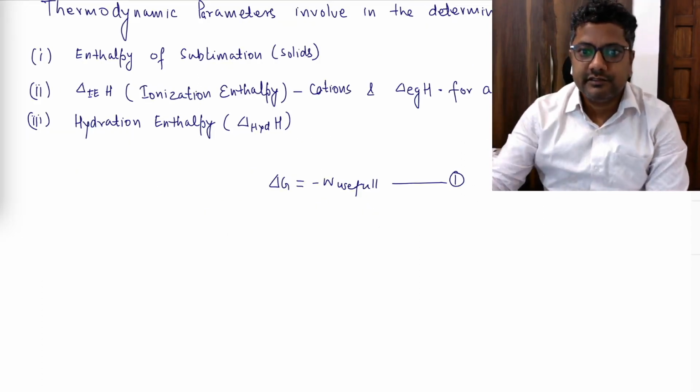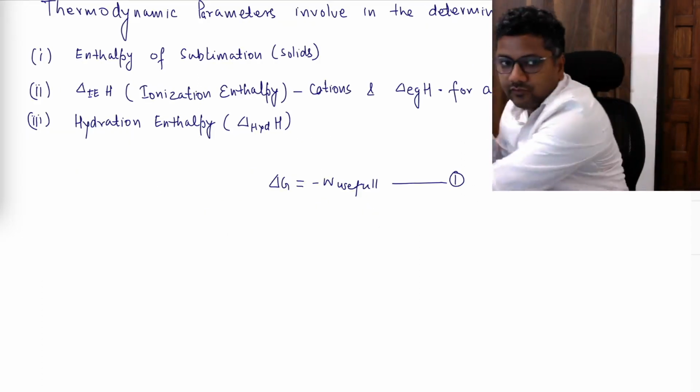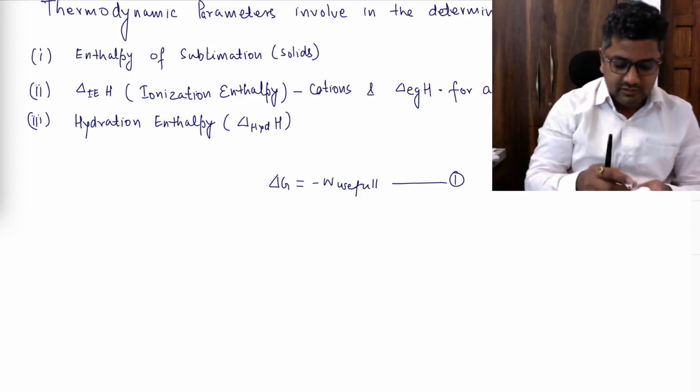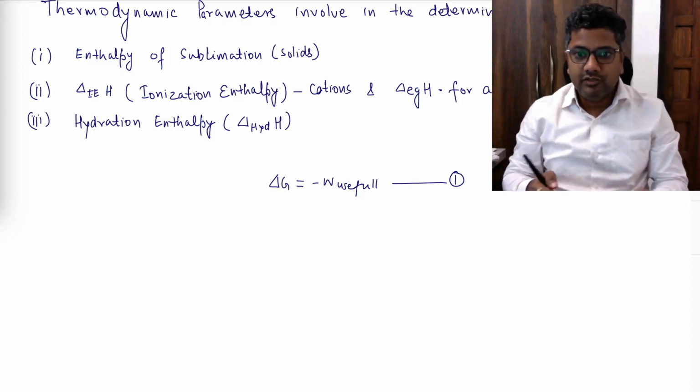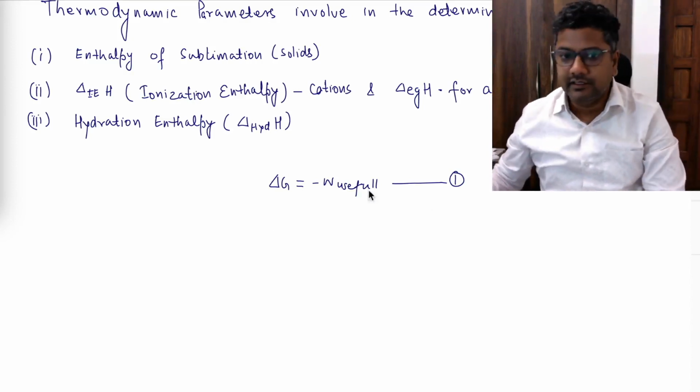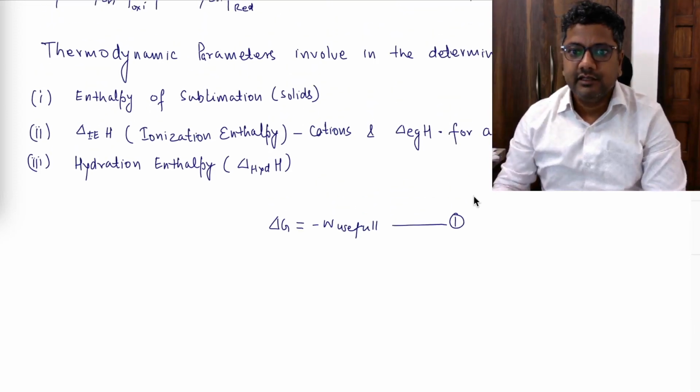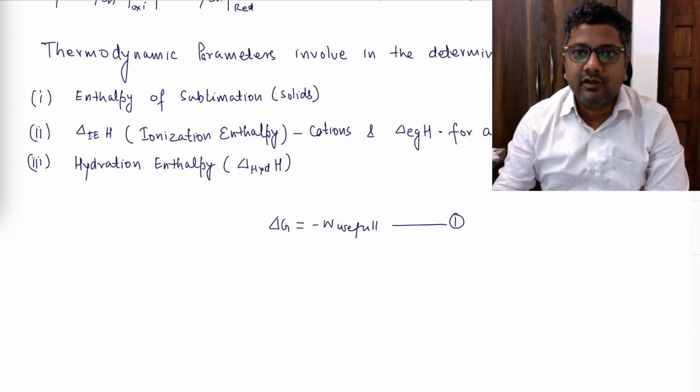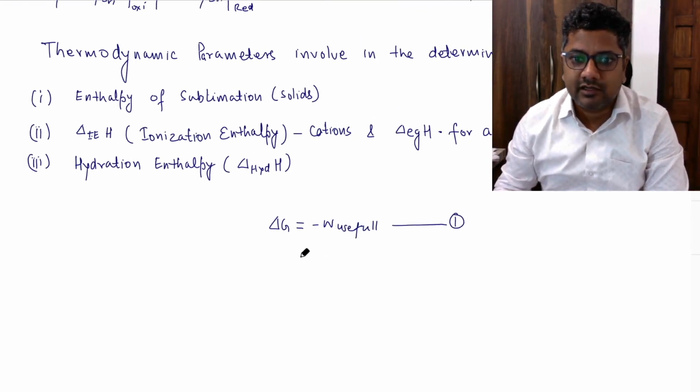Now see, in electrochemistry the useful work is electrical work, and electrical work is always useful work. So electrical work is equal to n F E. So we can write here minus n F E, right? So this is equal to delta G.